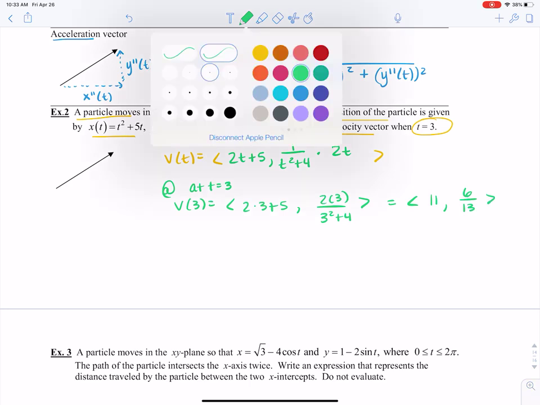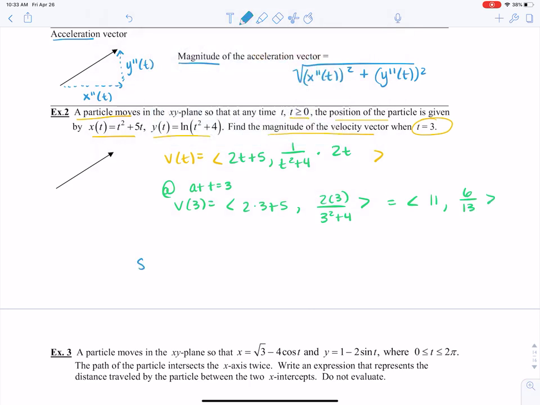So using my speed equation, remember that speed is the same thing as the magnitude of the velocity vector. My equation says it's supposed to be the square root of x prime of t squared plus y prime of t squared.